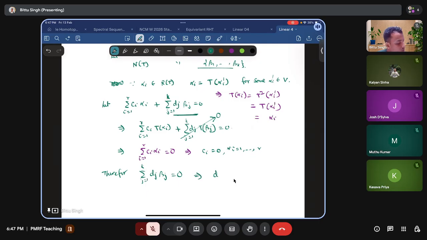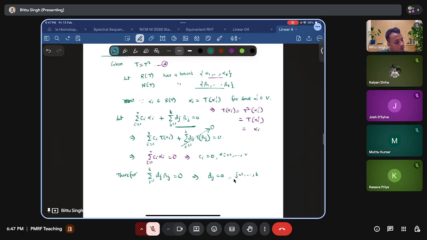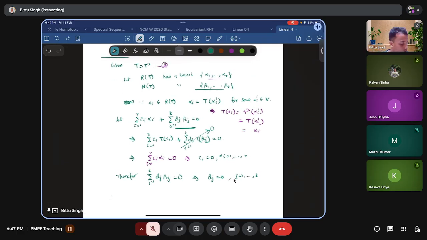So dj's are also 0, j equal to 1 to k, right? Hence what we are getting is that alpha 1 up to alpha r, beta 1 up to beta k, this set is linearly independent.